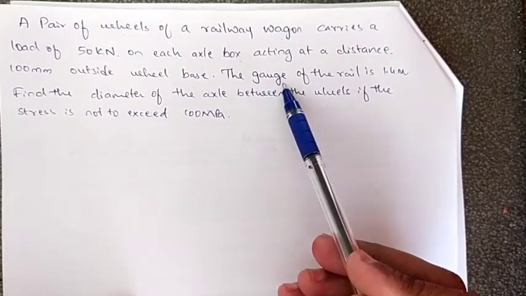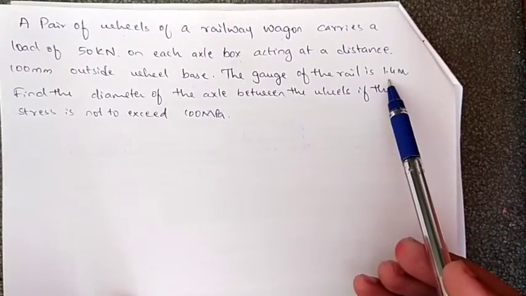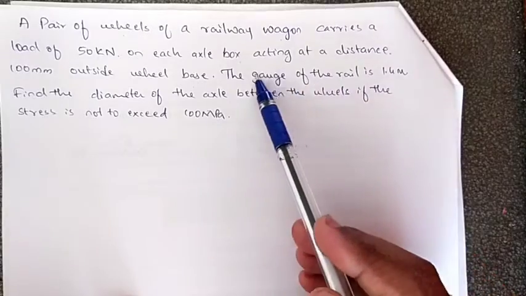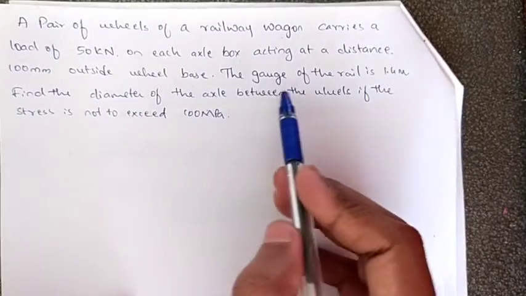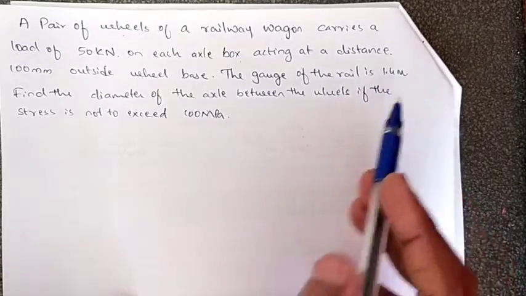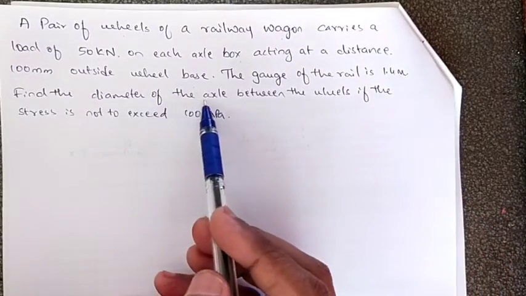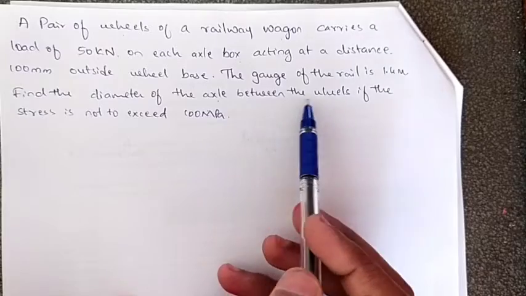The gauge of rail is 1.4 meter. Gauge is nothing but the length, whatever the length of that rail is, 1.4 meter.